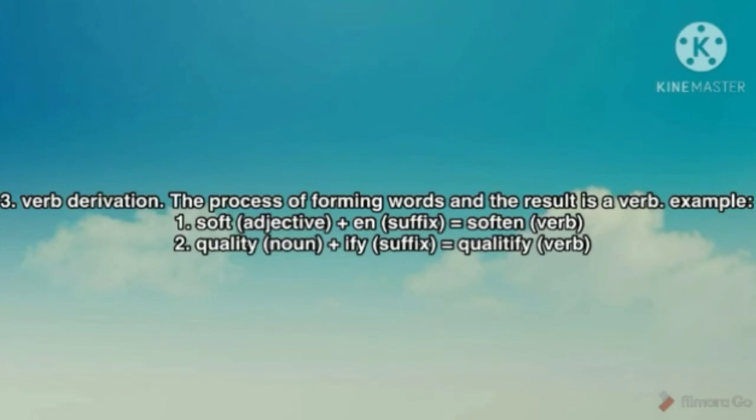Here, soft is the adjective and en is the suffix; this process produces a verb, soften. For the second example, quality plus fy equals qualify. Here, quality is a noun and fy is a suffix. This process produces the verb qualify.